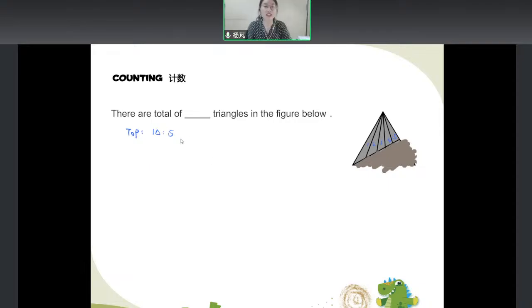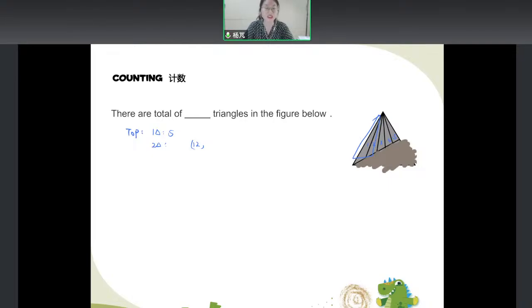Then, actually, why is it hard? Because if you put 2 of the triangles together, it will be another big triangle. If we put 2 triangles together, how many a little bit bigger triangles can you count? Triangles 1 and 2 give you a bigger triangle.